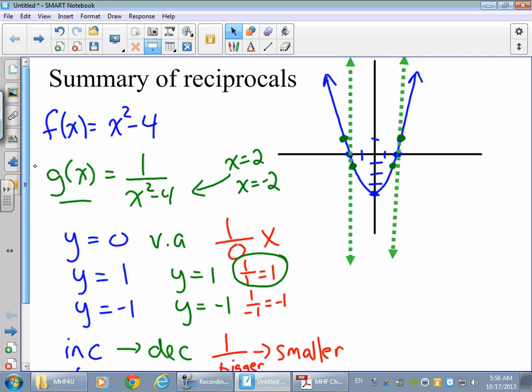The last thing of importance was the horizontal asymptotes, and we didn't really see those or necessarily know how to deal with those. Now my graphs are pretty poor here. I'm just realizing this one should be a little bit more obviously not touching that point.